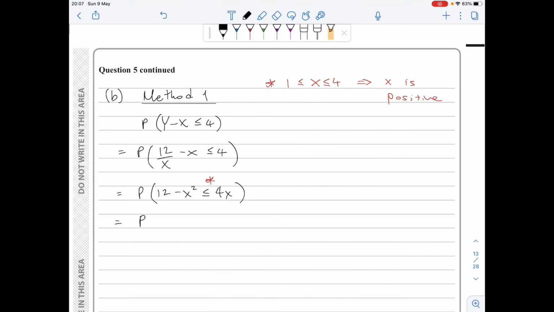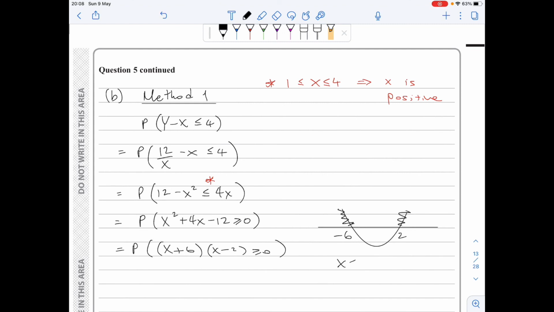If I rearrange, I get probability of x squared plus 4x minus 12 is greater than or equal to 0. Now I can factorize this. It's x plus 6, x minus 2. I'm going to handle this as any quadratic inequality. I have two critical values, minus 6 and 2. I need the values of x for which this quadratic is positive.